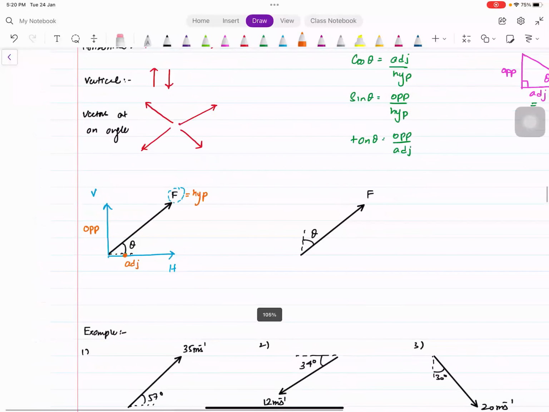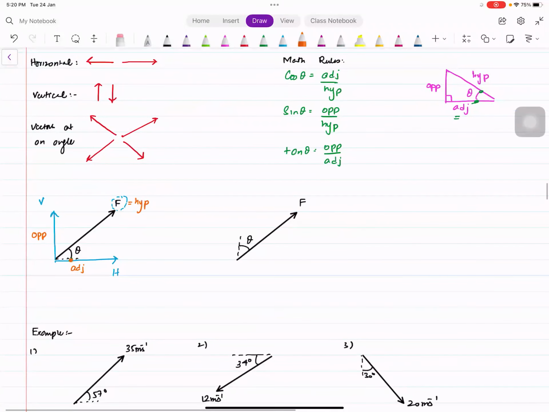If I want to find adjacent, I need to multiply hypotenuse with cos theta, because F is hypotenuse. So I'll write this component as F cosine of theta. The easy way to remember is that whenever you see a component next to the angle, it will always be the original vector multiplied by cos theta. And then the opposite would be F sine theta, because you can find opposite by multiplying the hypotenuse with sine theta. Is that clear, everyone?